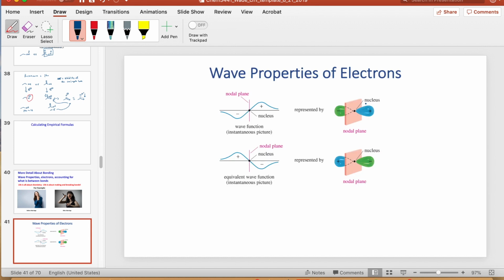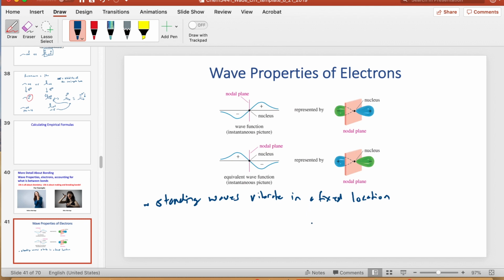So let's look at our first set here. We kind of already talked a little bit about this, and we're looking here now at wave properties of electrons. So remember that a standing wave vibrates in a fixed location, right?